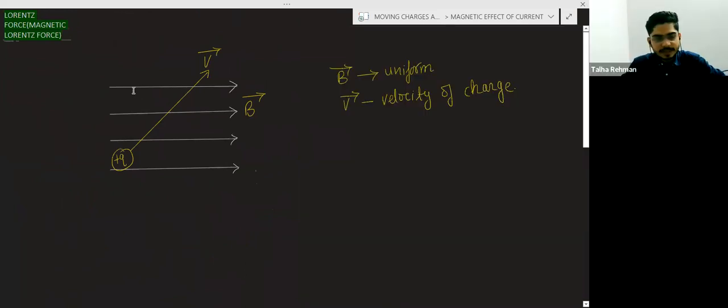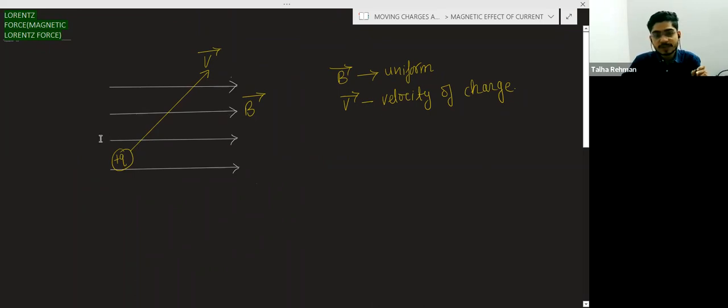Now this topic is the Lorentz force, also known as the magnetic Lorentz force. Here is the magnetic field, and this is your charged particle. This charged particle is moving in the magnetic field along this direction with velocity vector v, and the magnetic field is uniform.